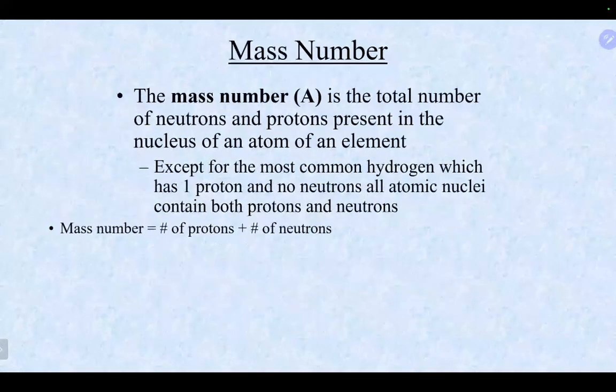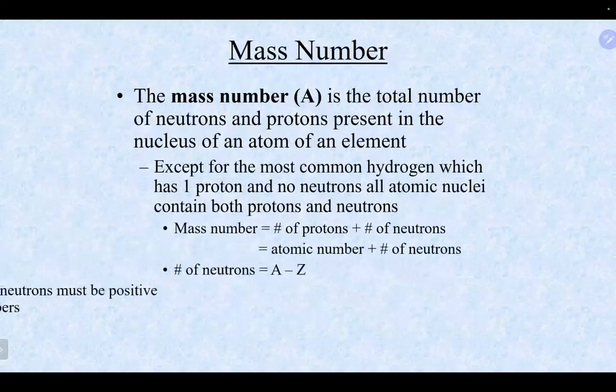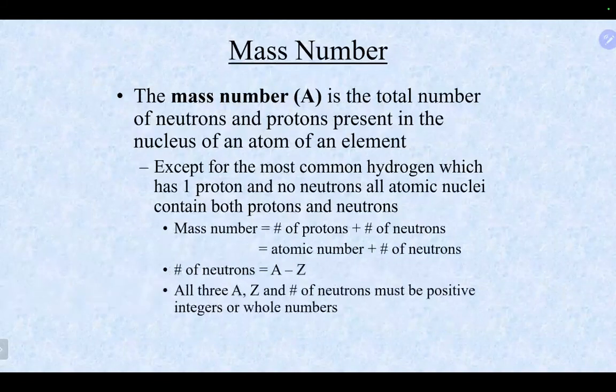Another really important number is the mass number. And the mass number is sometimes abbreviated as an A. The mass number is the total number of protons and neutrons in an atom. So mass number, number of protons and neutrons; atomic number, number of protons.